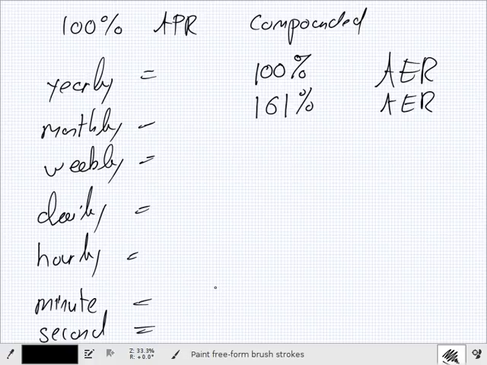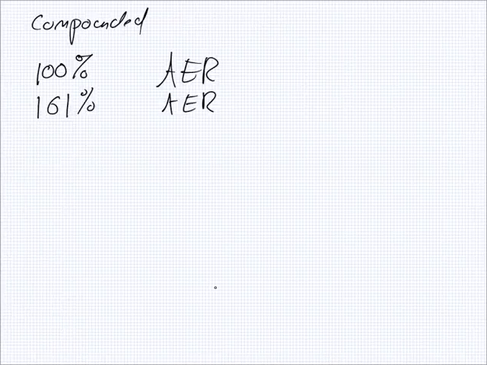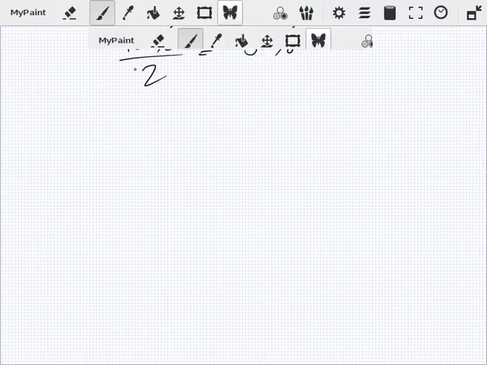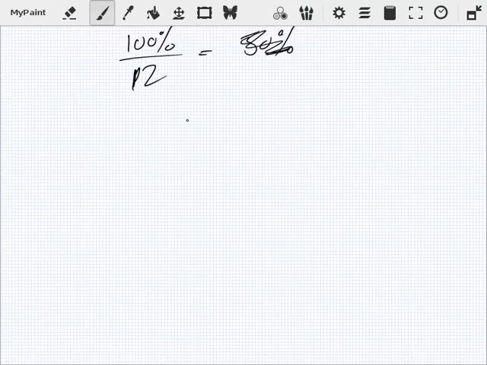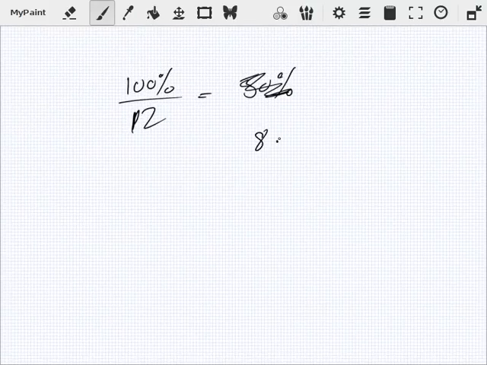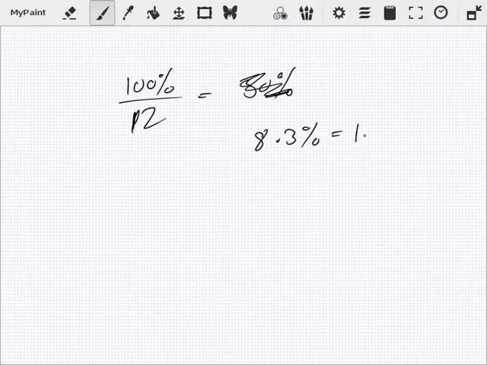Don't forget. For example, will I do the second one? Look. You have 100% divided by 2. That's 50%. No, sorry, not divided by 2. Divided by 12. What's that? 8.3%, which is 1.083.